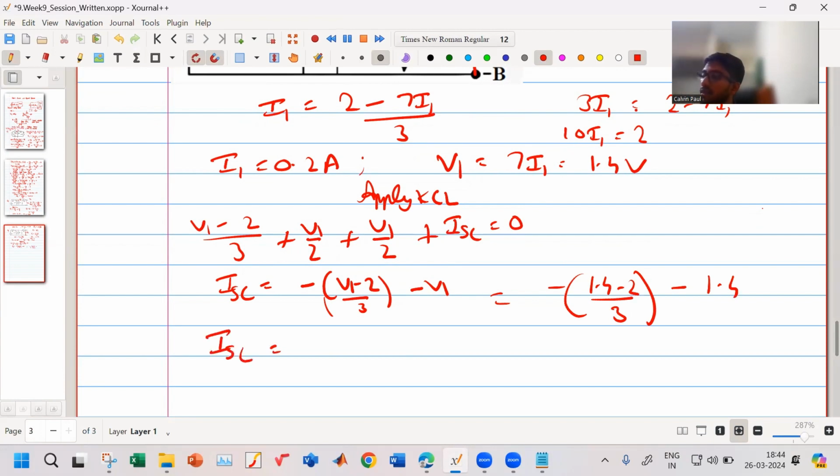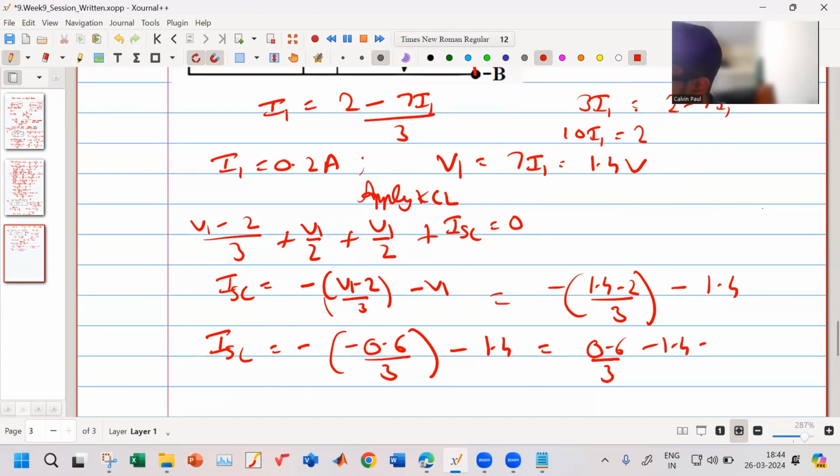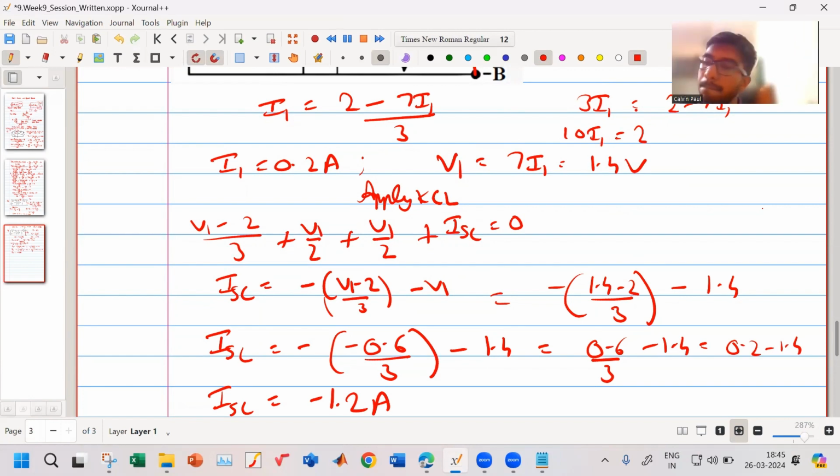It is 0.6 upon 3 minus 1.4, which is 0.2 minus 1.4. So ISC comes out to be equal to minus 1.2 ampere, right?